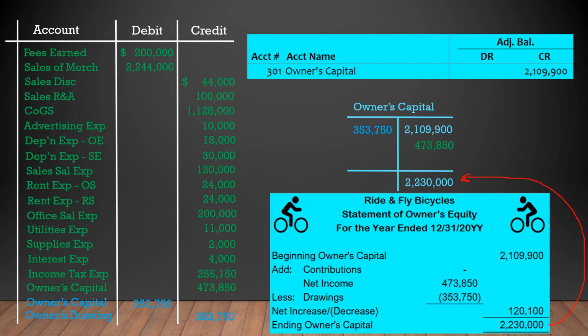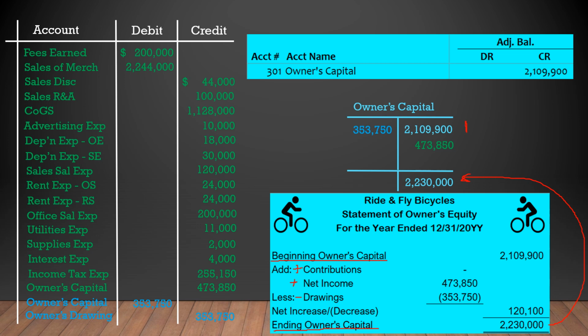Consider what we did on the financial statement. We began with our beginning year balance. We added in contributions plus net income, subtracted out drawings, and arrived at our year-end owner's capital balance. You can see the exact same thing happening within the T account.